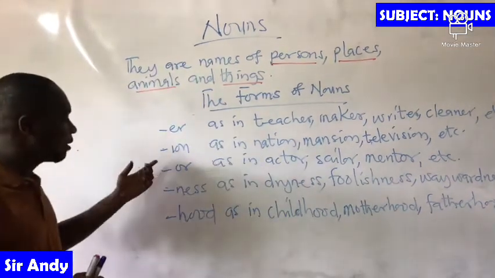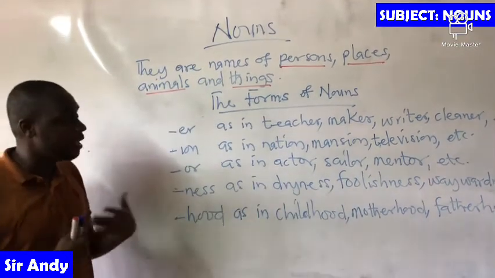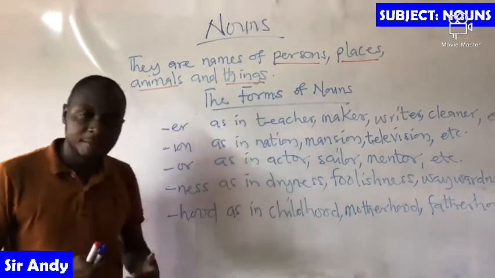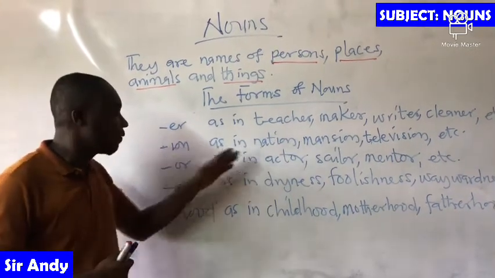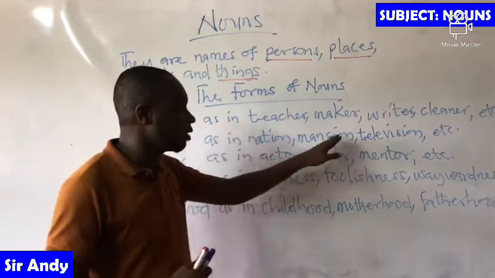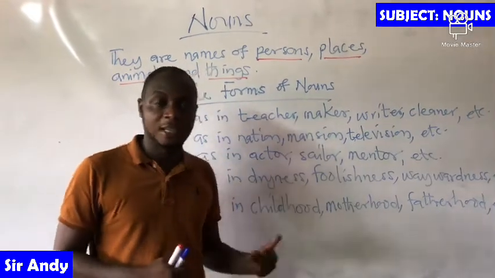And then when we take a look at these two, ION, words which end with ION are also regarded as nouns. So we have nation, mansion, television, administration, and so on and so forth.